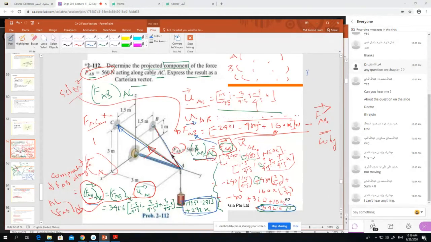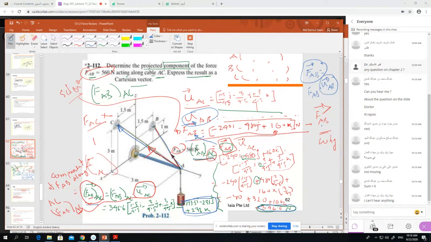What is the formula for FAB vector? FAB vector equals FAB scalar times unit vector AB, right? So to find FAB vector, we need unit vector AB. So we calculate unit vector AB, then from the components we found the FAB vector.